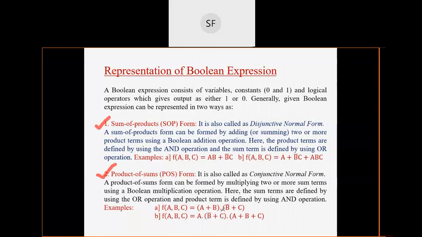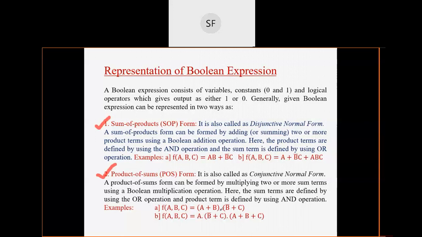Always remember, the first word is nothing but the operator between two terms. Always keep this in mind. Product of sum means the operation being done is product, and sum terms are presented in the form of sums of variables.